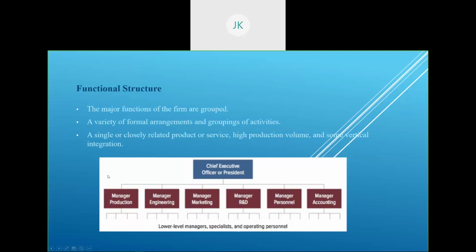By similarity or specialized function, they separate, like a production department or function, engineering, marketing, and so on. So the major functions of the firm are grouped like this. This is now the functional structure.